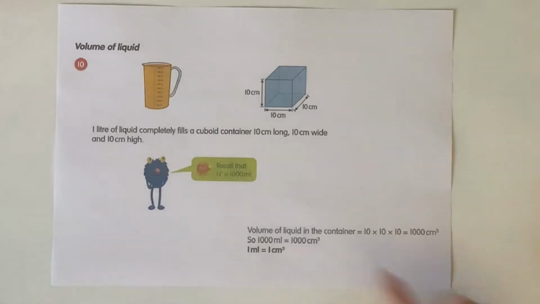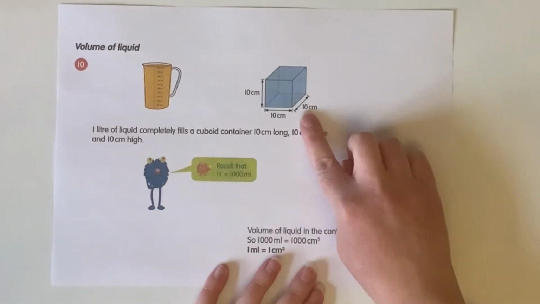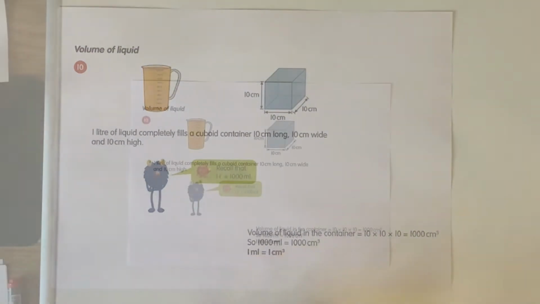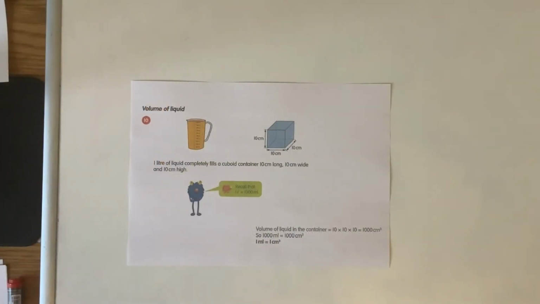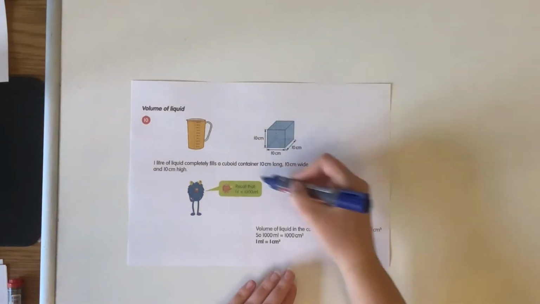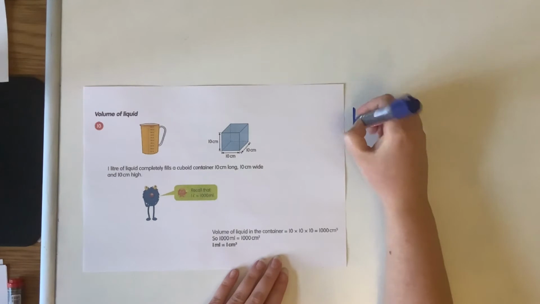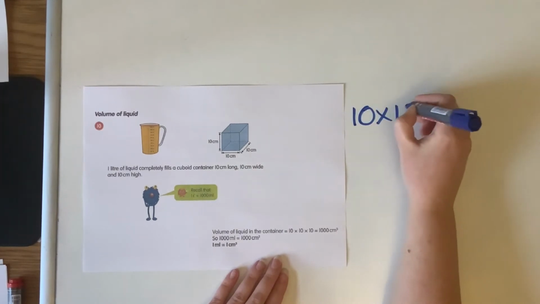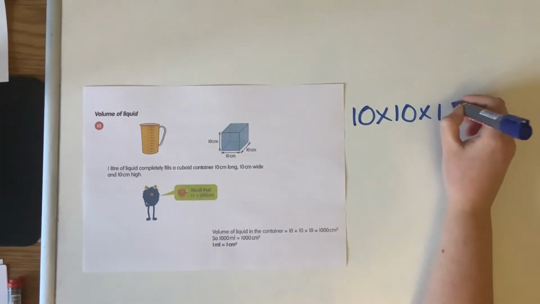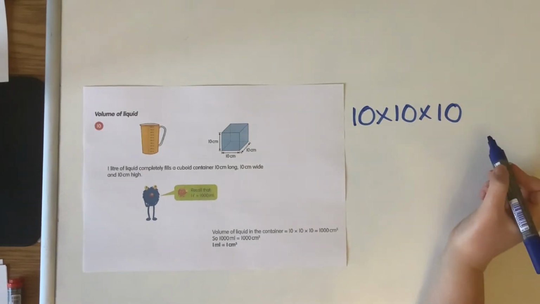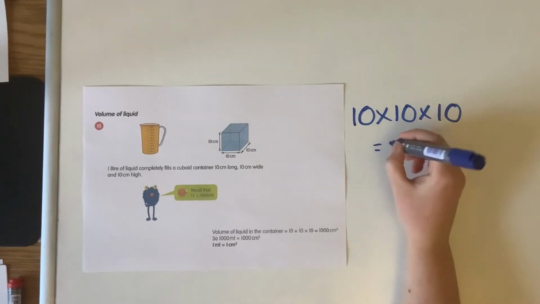This container here is filled to the brim with water, and if I wanted to work out the volume of water in this container, I would do my length times width times height. So I would do 10 times 10 times 10. I know that 10 times 10 is 100 and 100 times 10 is 1,000.